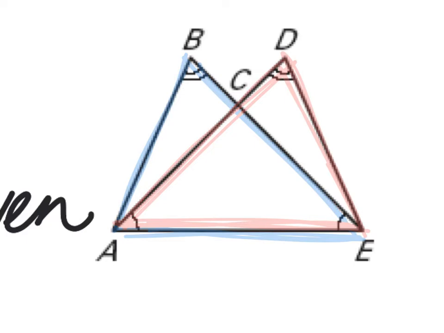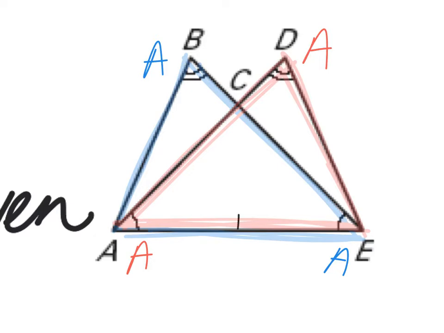Right now, you have two angles for both. The blue one has B and then BEA, and the red one has these two. You have to have a side to make this work. Look at your picture. Is there anywhere you can get a side to be congruent on these triangles?